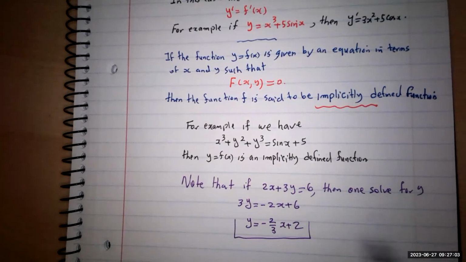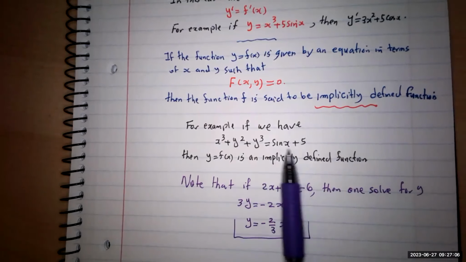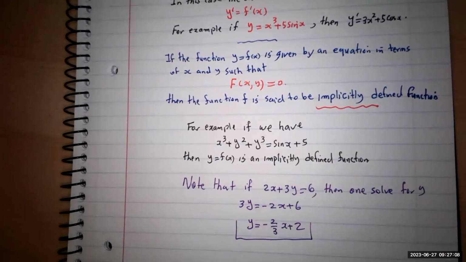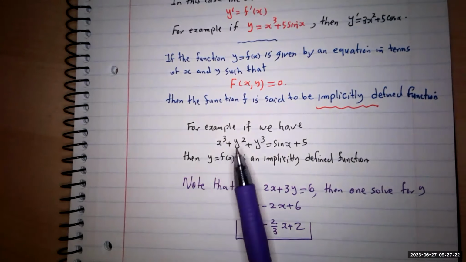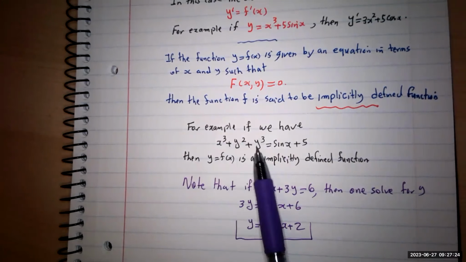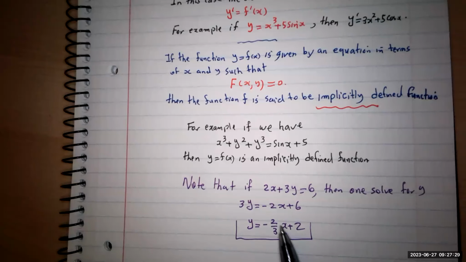But in the other case, you should be able to do the same operation, but the result is difficult, because if you move the x cubed to the other side, you have a cubic equation. You won't be able to solve it. So what we would like to see is that although this y is a function, and if you could solve it you would get something like this, this equation cannot be solved for y.